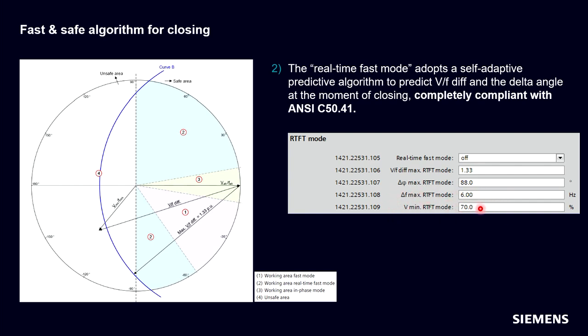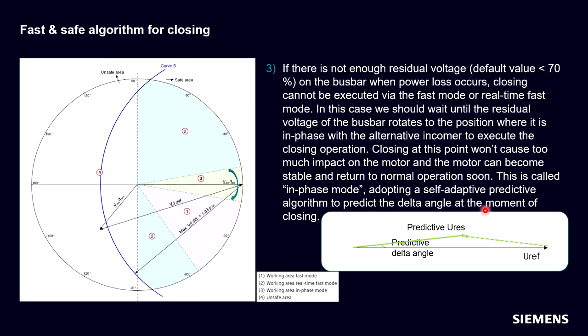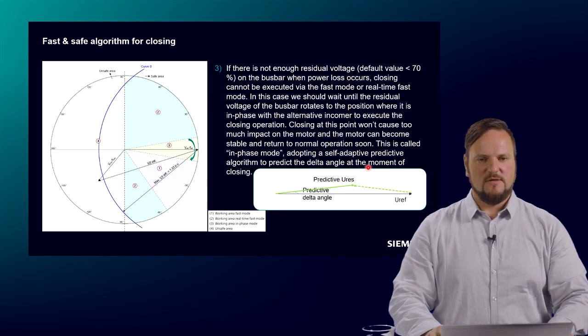The minimum voltage is set as 70%. That means under 70%, it should not transfer in fast mode anymore, because if we are under this voltage level, we can damage the equipment on the motor bus. So this was the second part.